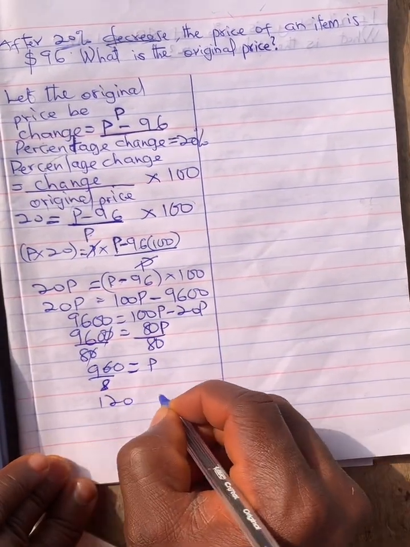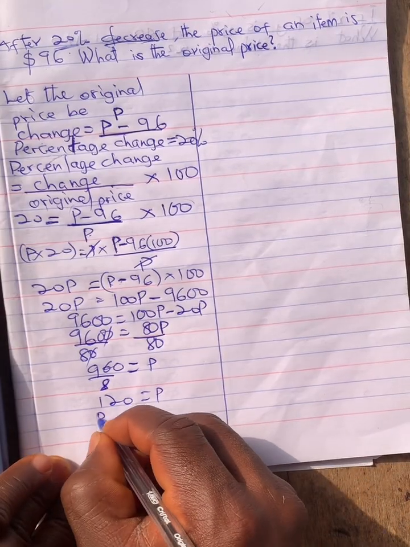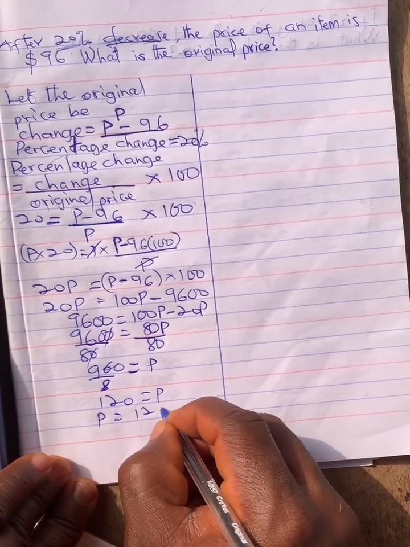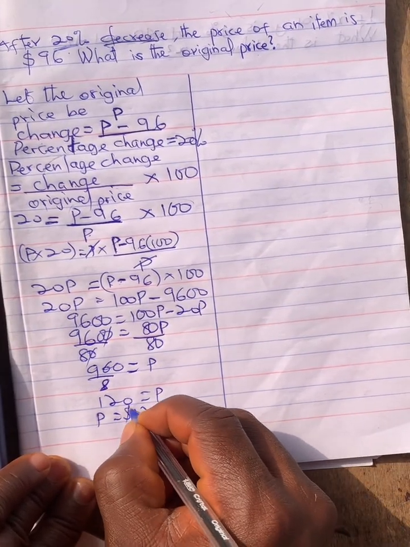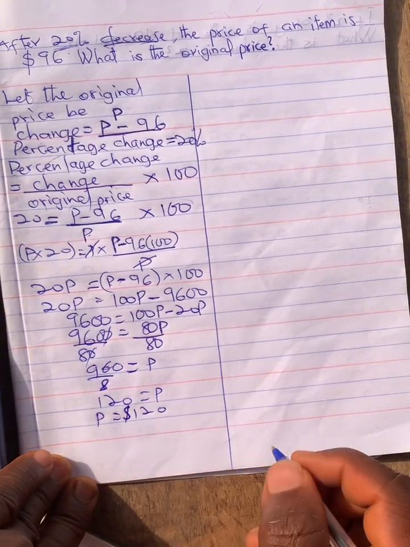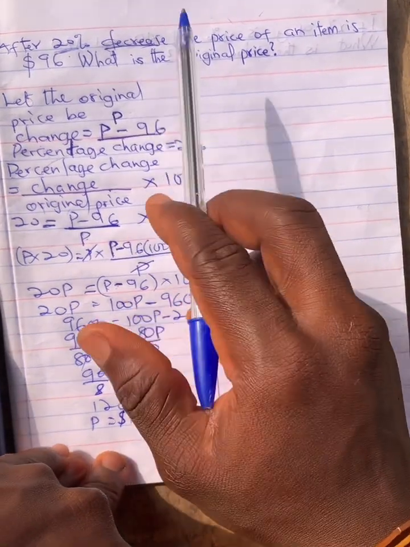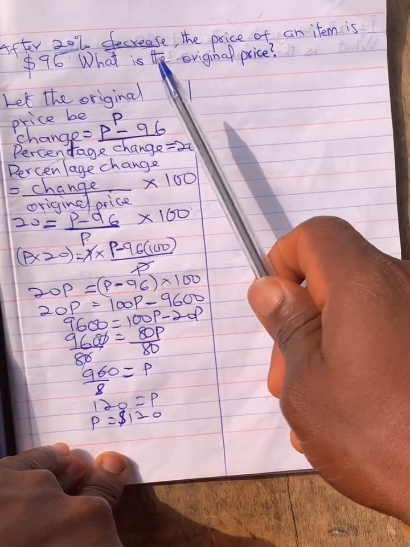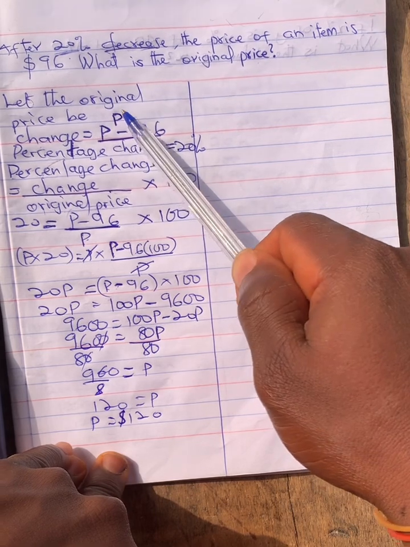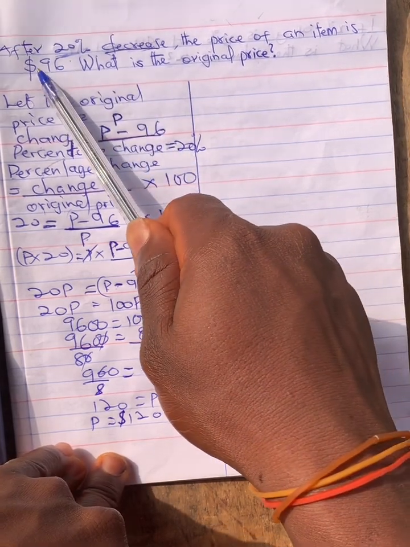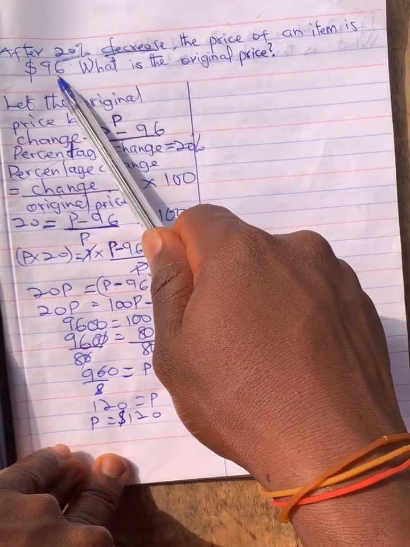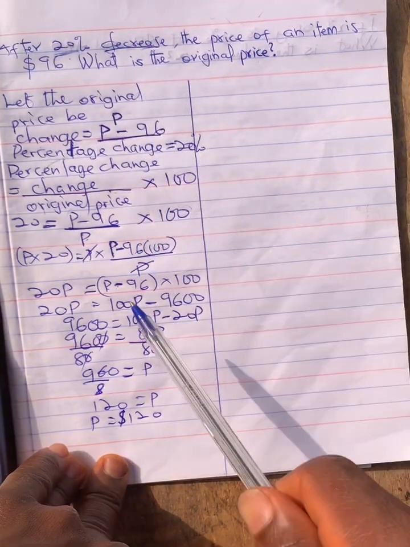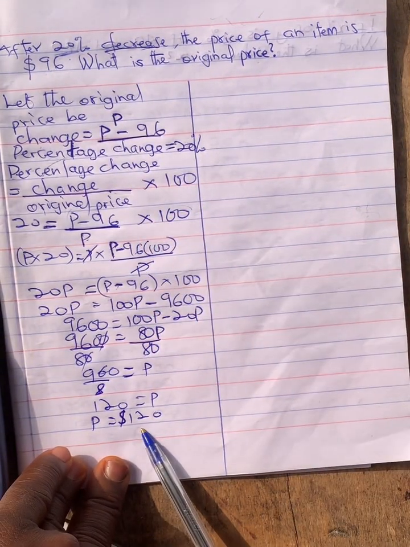So 120 equals P. So P is now $120. The original money P decreased to $96, it was originally $120.